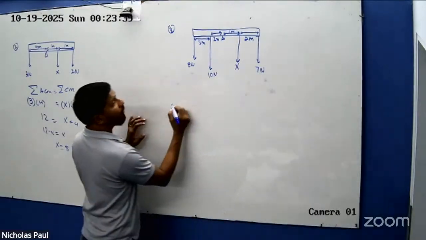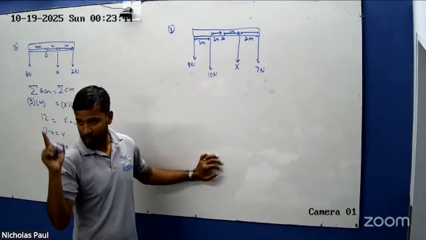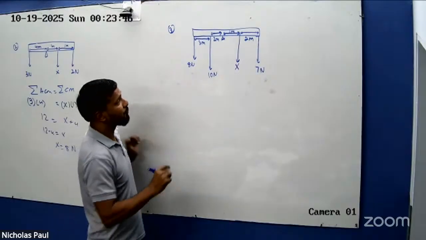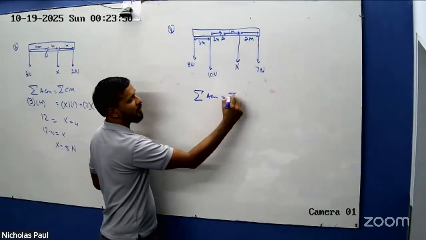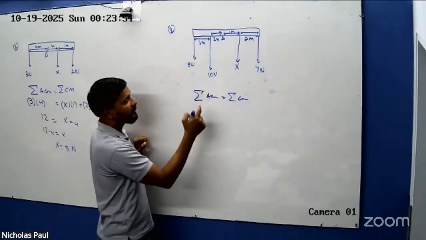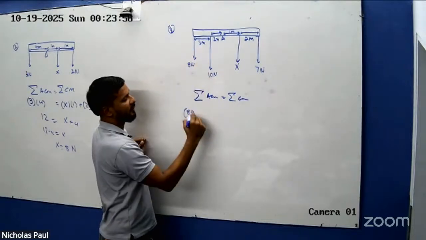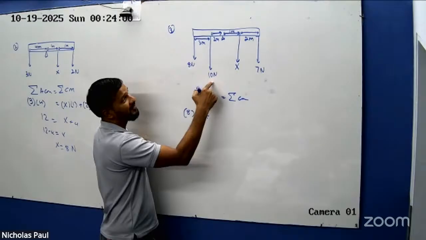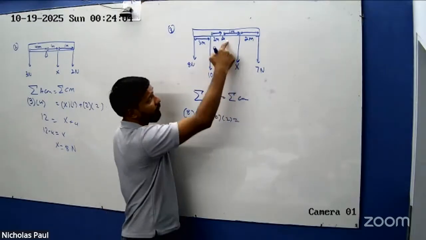Right, so let's take a look at this. Make sure you get the elements right. So first thing, sum of anti-clockwise is equal to the sum of the clockwise here. Anti-clockwise will be 8. How far is the 8? 5. How far is 10? How far is X?